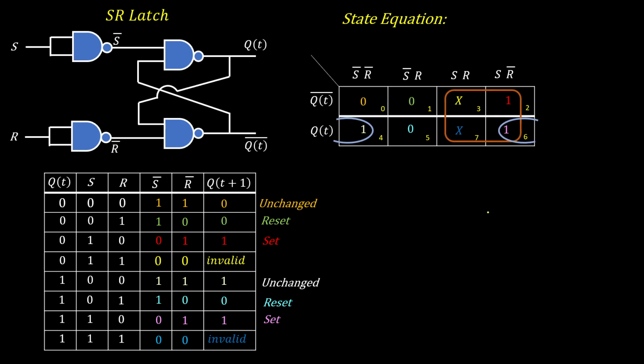So the state equation QT plus 1 has to be S from this quad, and from this pair we have QT and R bar. So the state equation is QT plus 1 equals S plus QT R bar. So this is the state equation for SR latch.